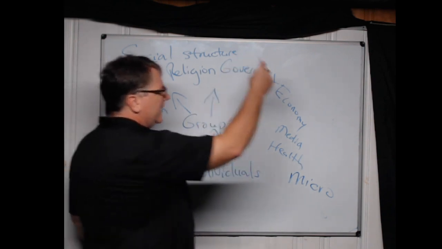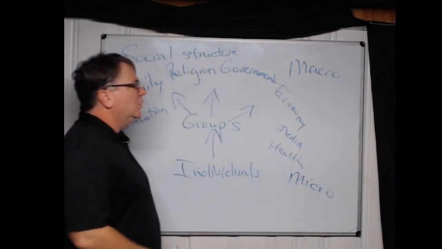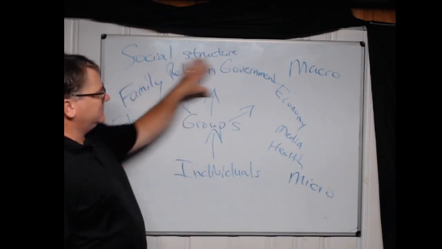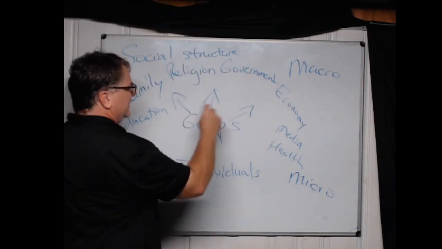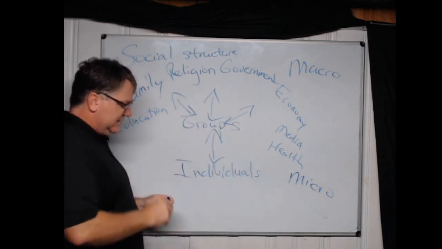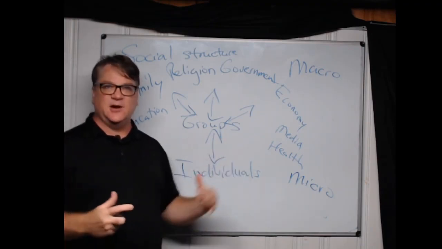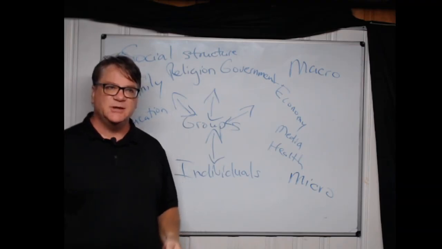Now, on the other end of the spectrum here, we have macro sociology. Now here, we study people by studying society. And so here, we study this, and now the arrows come back this way. Now, one is not necessarily better than the other, the micro level approach or the macro level approach.